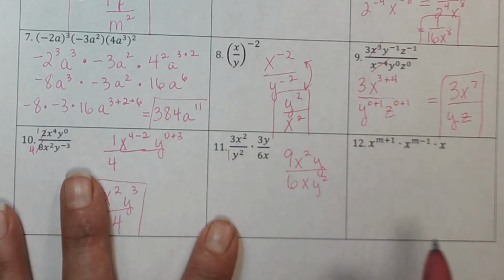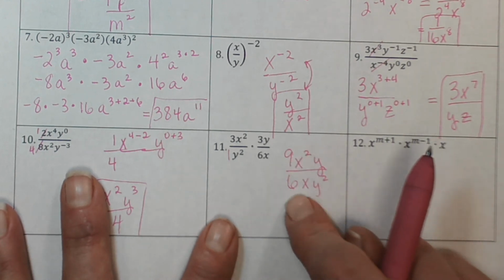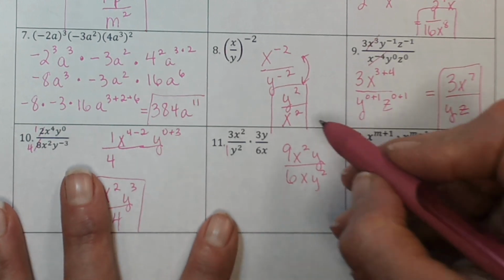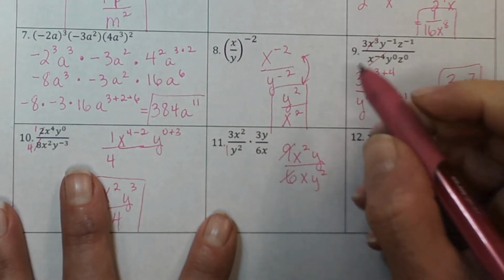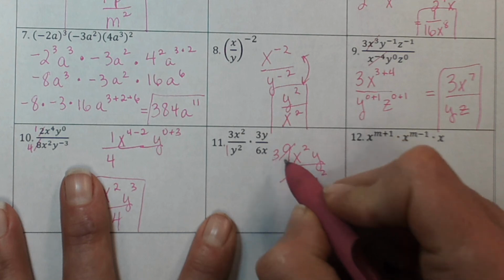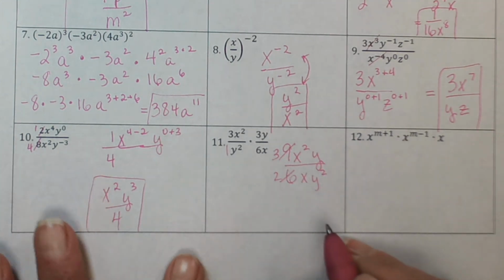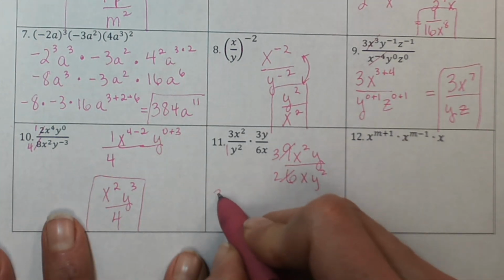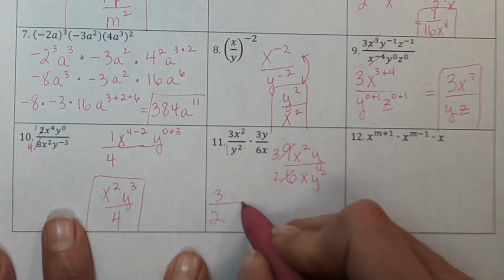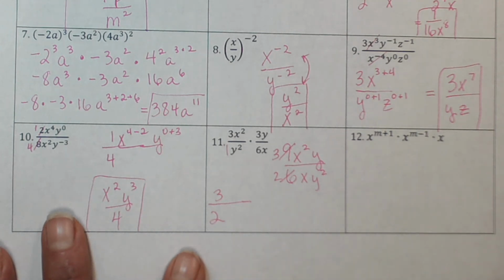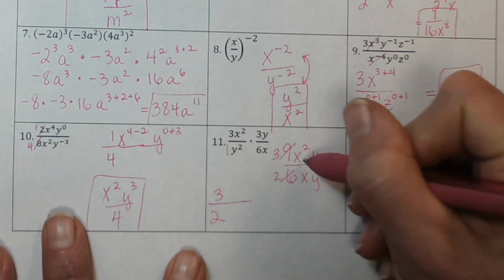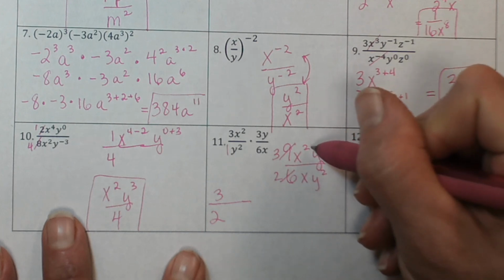Okay, so we look at our 9 and our 6. We think, does that reduce? It does. They both are able to reduce by 3, so that would be 3 in the numerator and 2 in the denominator. So I have 3 over 2. And then I look at my variables. Where do they go? Well, x has a larger exponent in the numerator.